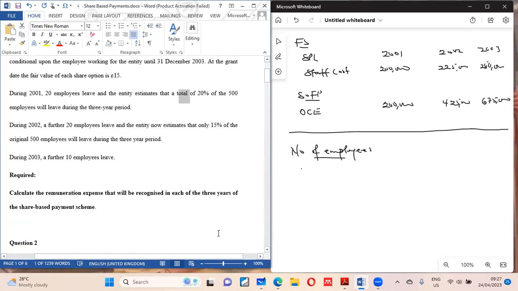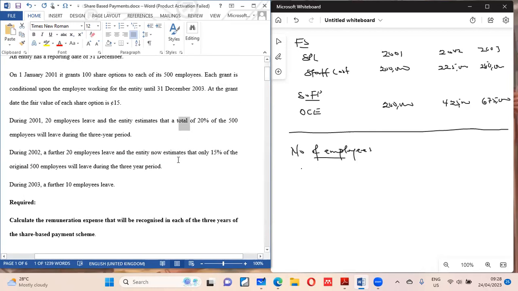And when you read here too, it said a further 20 employees leave, and the company now estimates that only 15% of the original 500. English, original 500. If it has said that the company now estimates that 15% of employees will leave, with the original 500, then it means that when we are here, we need to take away the 20 who have left already.